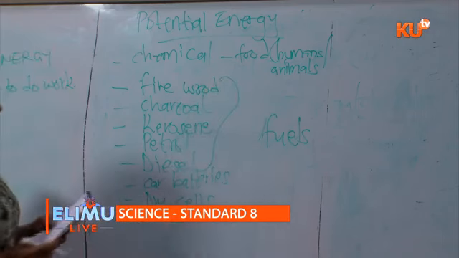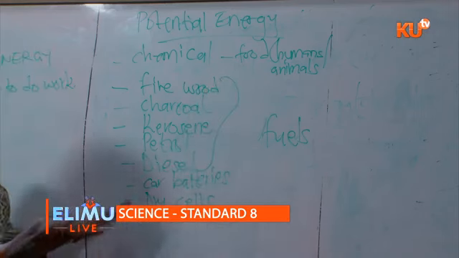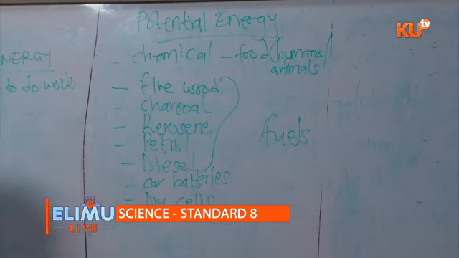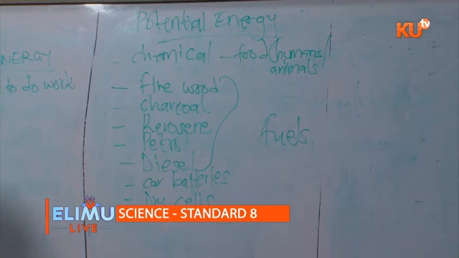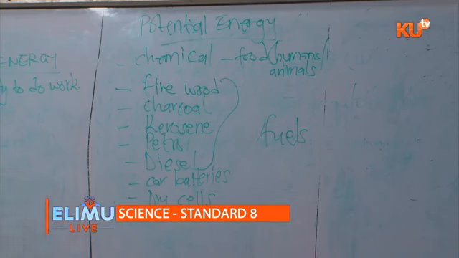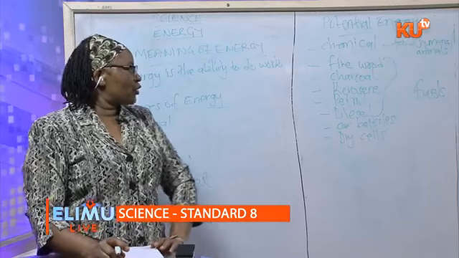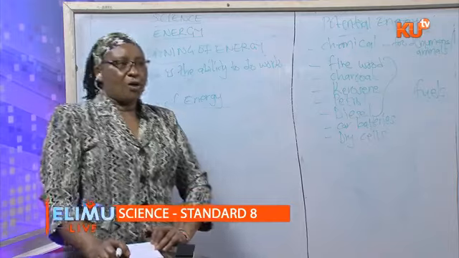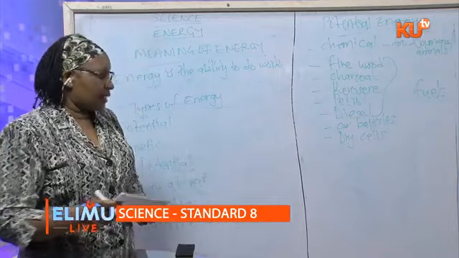This is what we refer to as fuels. The car batteries and dry cells are not fuels, but we have firewood, charcoal, kerosene, petrol, and diesel being the fuels which contain chemical energy, which is turned to kinetic energy when they are burnt.